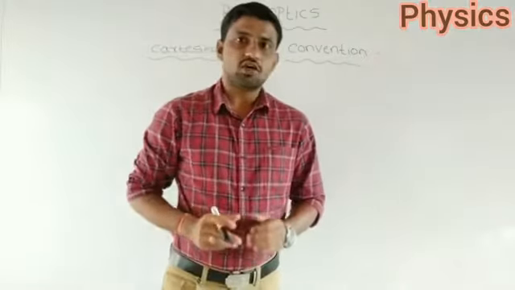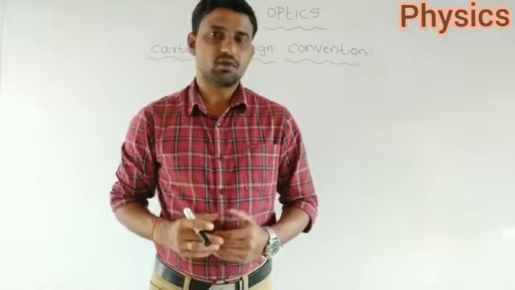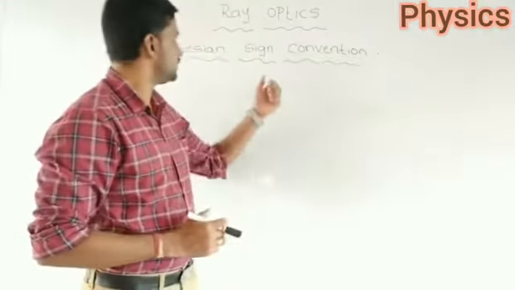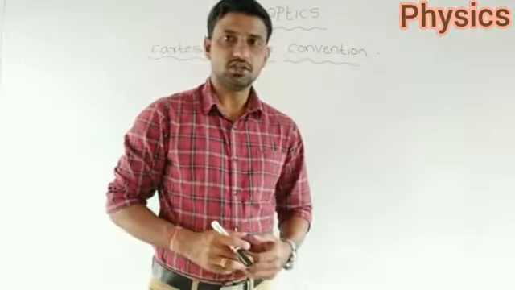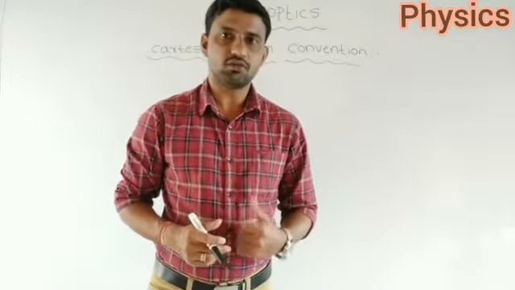To measure the object distance and image distance, we use some rules that come under this Cartesian sign convention. What are those rules? We will discuss them one by one now.